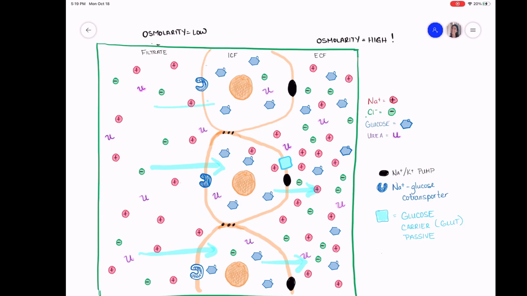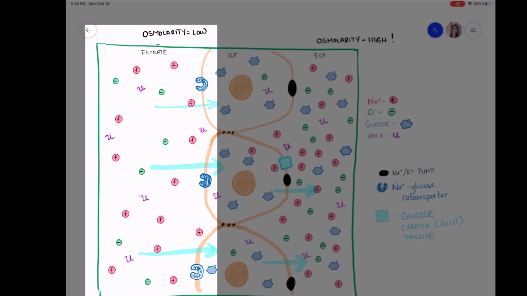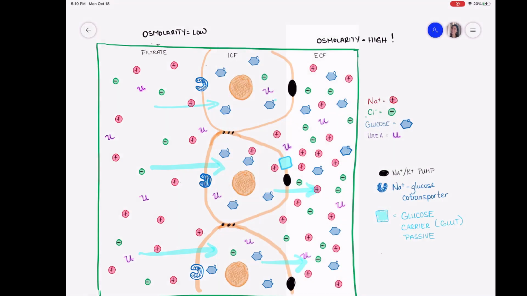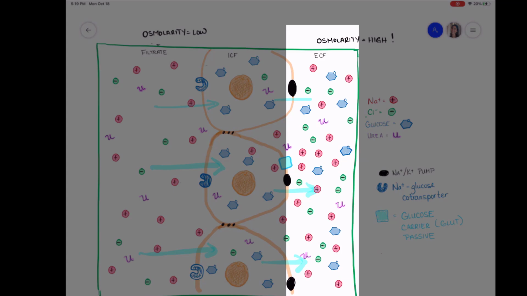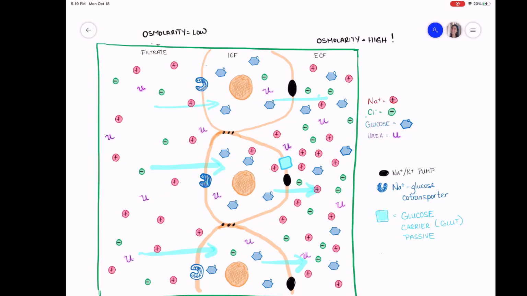I want you to take a good look at this picture with special attention to the volume of the filtrate, which is shown here, versus the volume of the extracellular fluid. The volume of the filtrate is greater than the volume of the extracellular fluid, but as water leaves, the filtrate will get smaller and the extracellular fluid will get bigger.